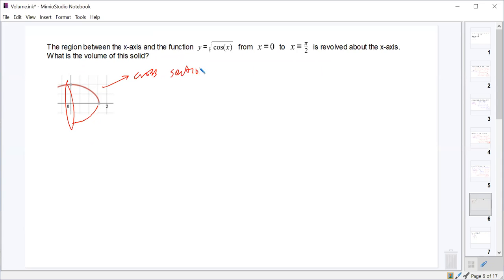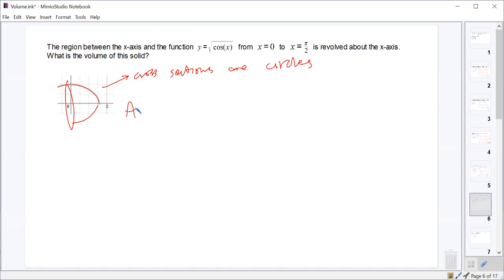And anytime we do this revolution around an axis, we're going to end up with cross sections that are circular. So they're circular, and the thickness of each one of them, as I slice them to get those circles, I have to slice it perpendicular to the x-axis, which means that we're going to do this all in terms of x.